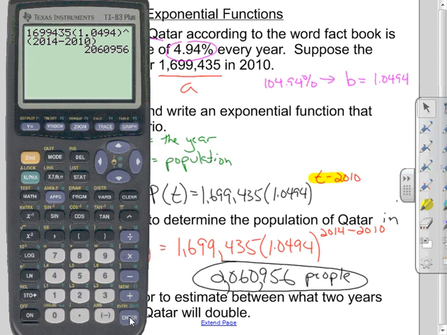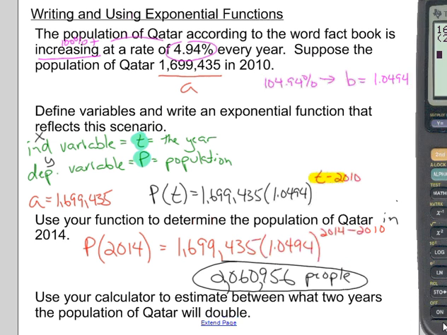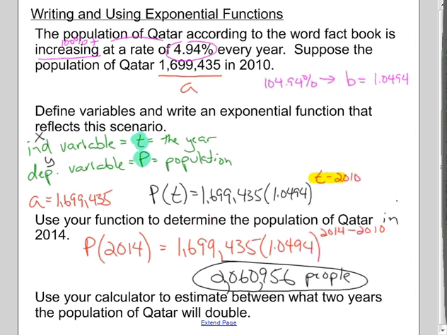Now I'm going to use this a little differently in this next problem. If you notice, it says, use your calculator to estimate between what 2 years the population of Qatar will double.